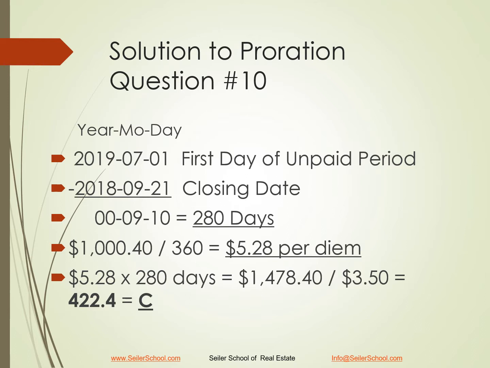But because we're getting paid in watermelons, we have to divide. Each watermelon is worth $3.50, so we end up with 422 and a little bit less than a half, 422.4 watermelons, which is selection C.